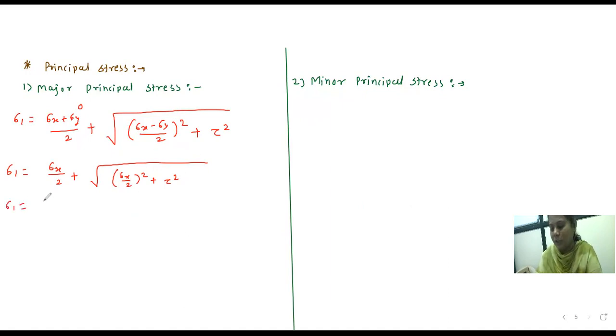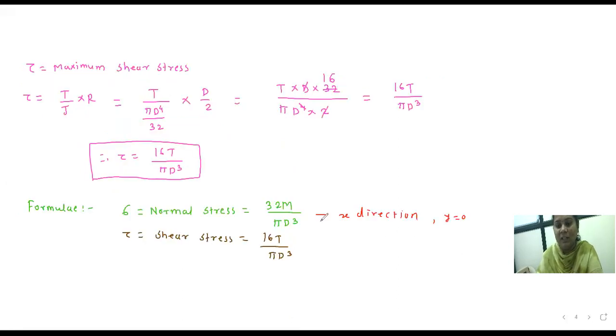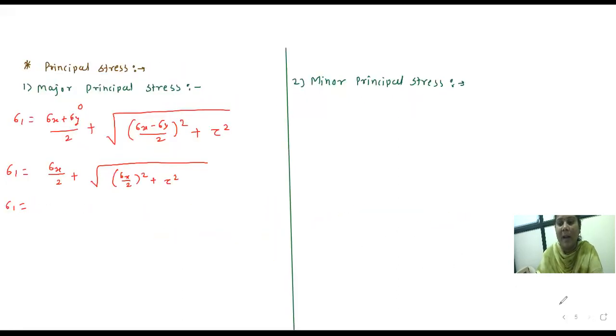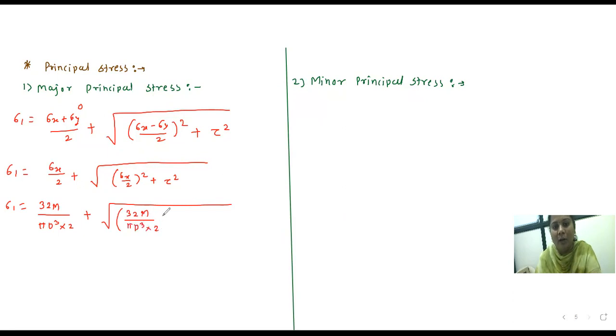Now we will put value here. So sigma 1, which is equal to, the value of normal stress is 32 m upon pi d cube. So 32 m divided by pi d cube into 2, plus square root of, again the value of sigma x is 32 m divided by pi d cube into 2, bracket square plus tau square.